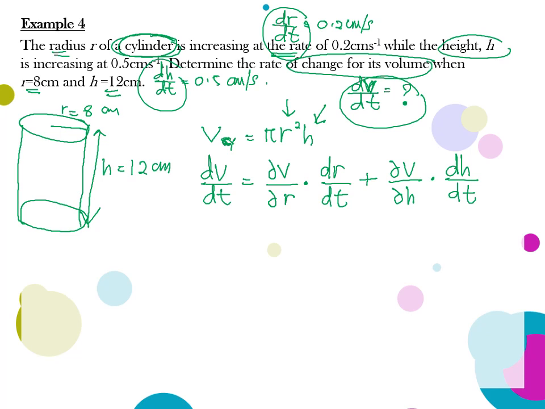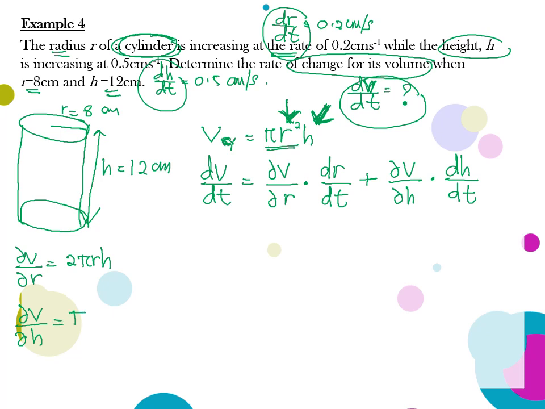Right, so first find del V del R. Concentrate at R only and treat the others as a constant. That will give you 2 pi R H. And for del V del H, just concentrate on H and treat the others as a constant.